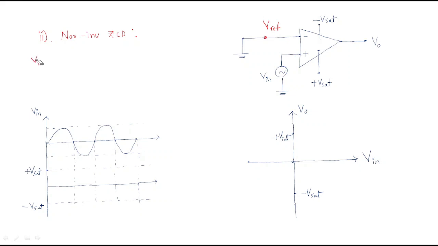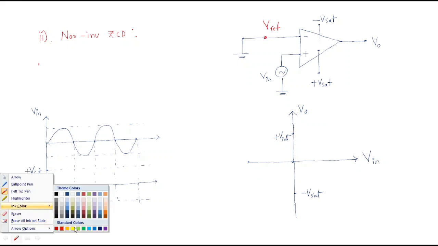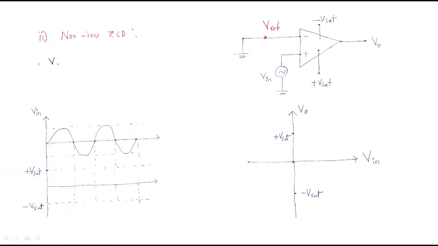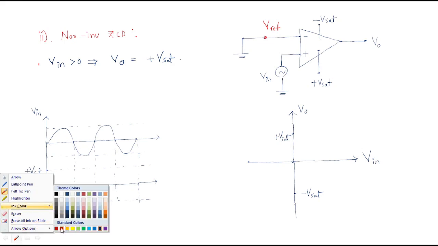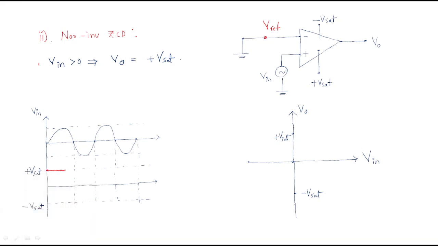So whenever V input is greater than 0, that is, whenever the input sinusoidal wave is greater than 0, the output is directly generated as the positive saturation voltage. So directly we will get the saturation voltage value like this. This is the positive saturation voltage.